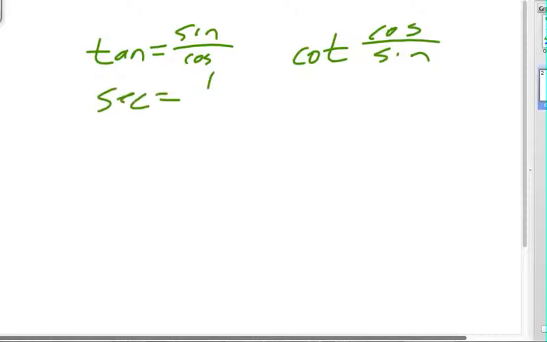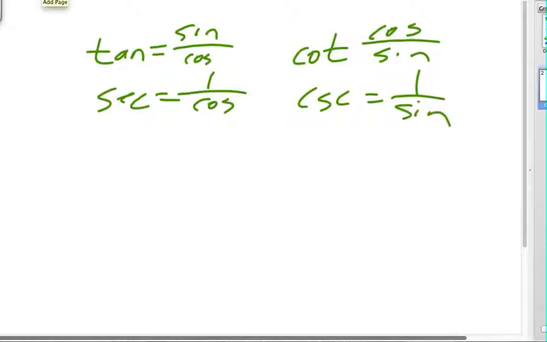Secant was 1 over cosine, and cosecant is 1 over sine. So what does all of this have to do with product and quotient rules, and why should I care, and why should I have to deal with this?